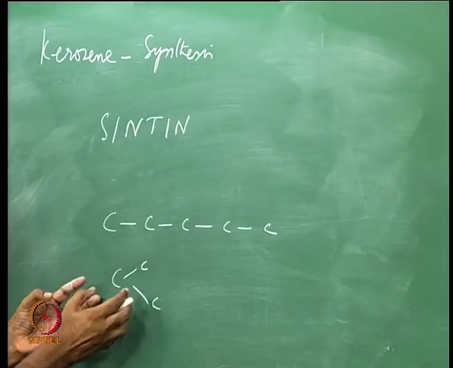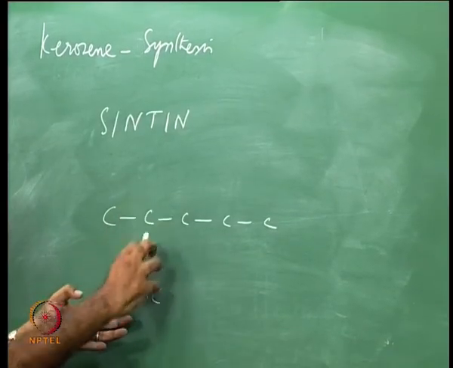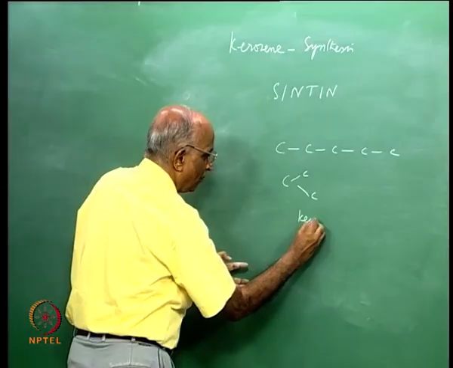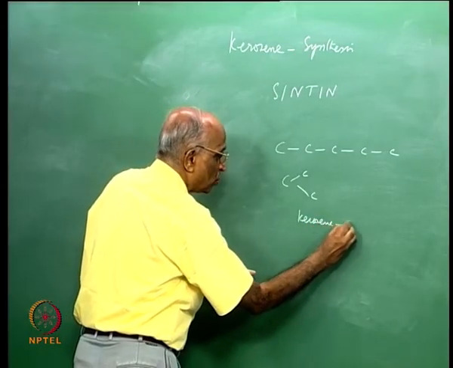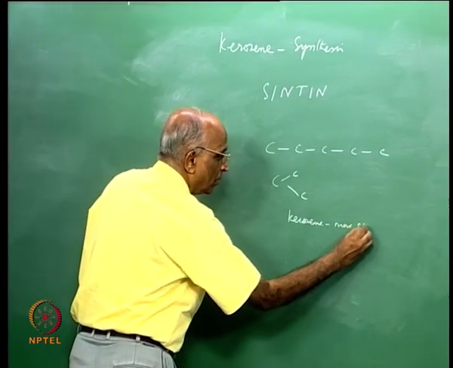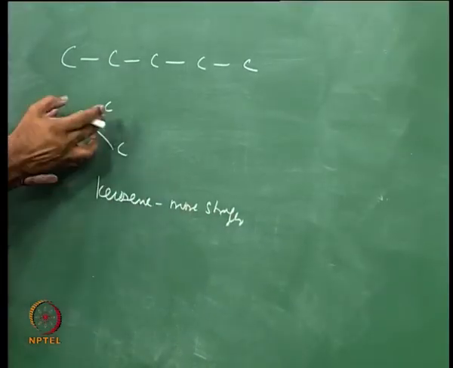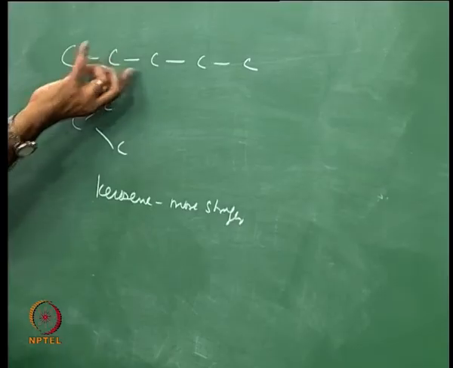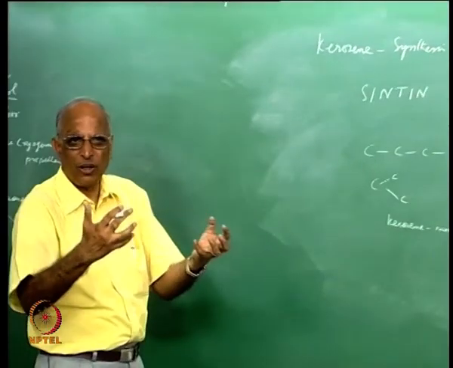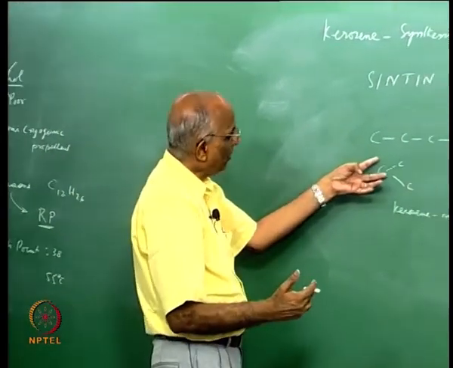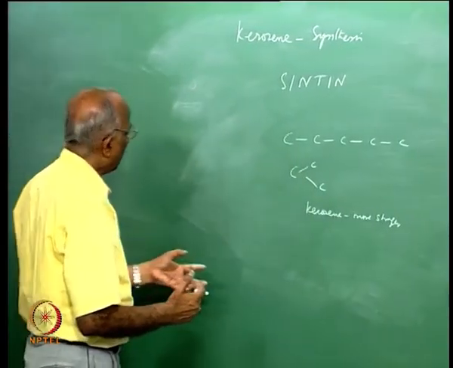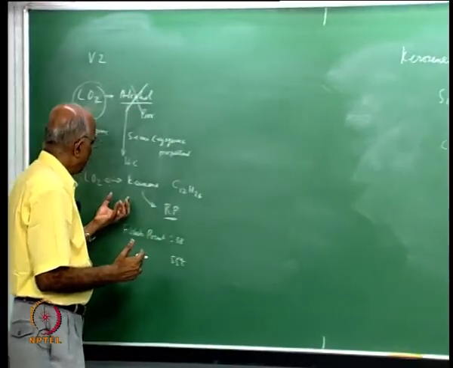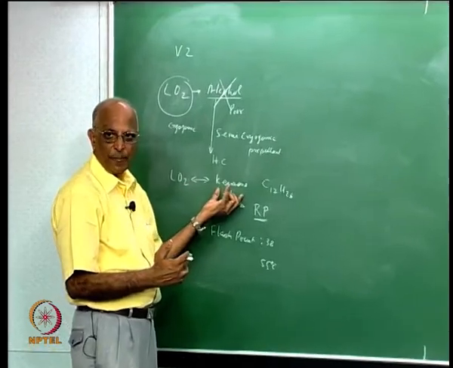That means I change the bond characteristics. I can make kerosene even more energetic, and work is going on on how to put energy through the bonds. We will not consider that, but we will suffice to say that one of the liquid propellants used is liquid oxygen and kerosene.